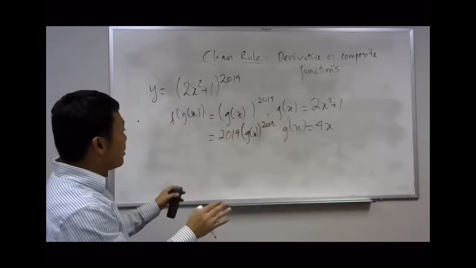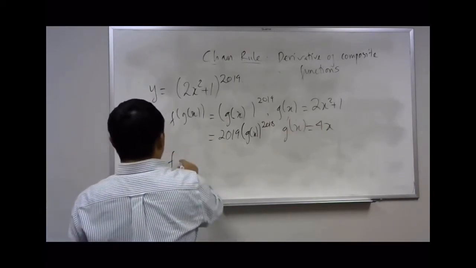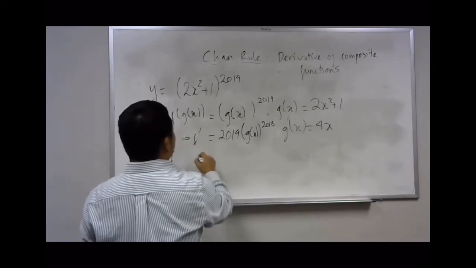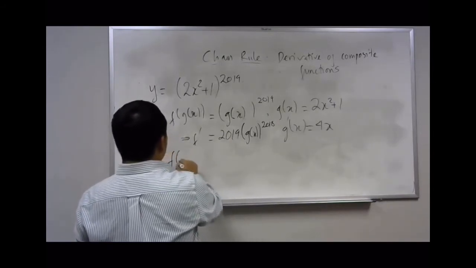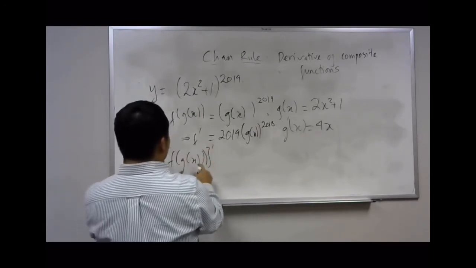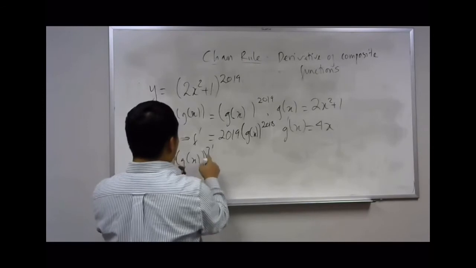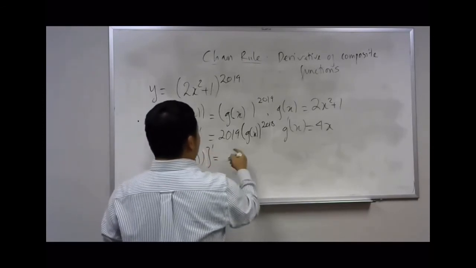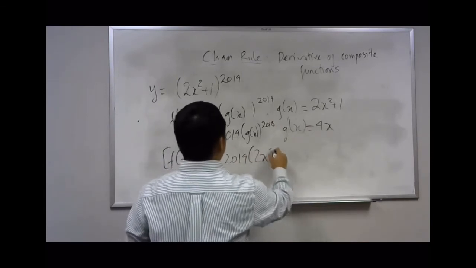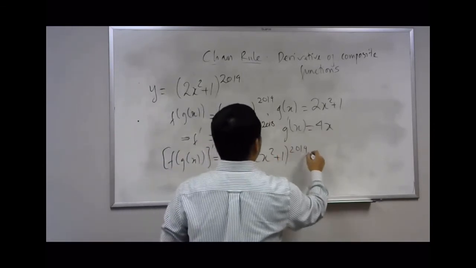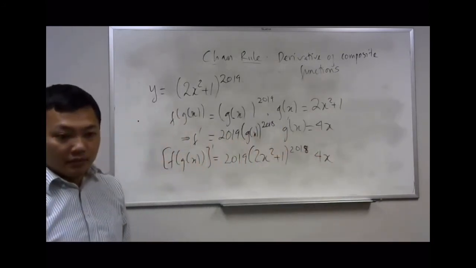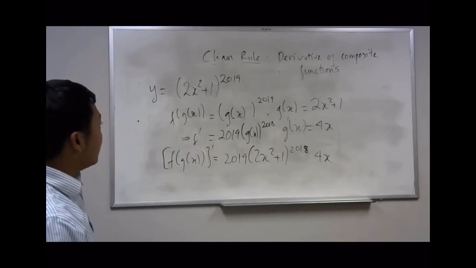And once you have that, you multiply them together, you get the derivative of f of g of x, equal to 2019 times (2x squared plus 1) to the 2018, multiplied by 4x. Okay, that's what we have using the chain rule.